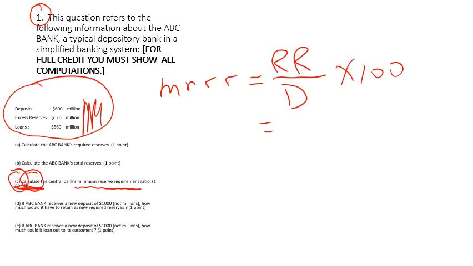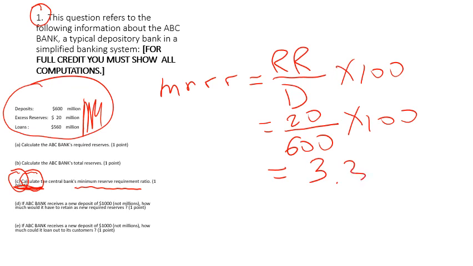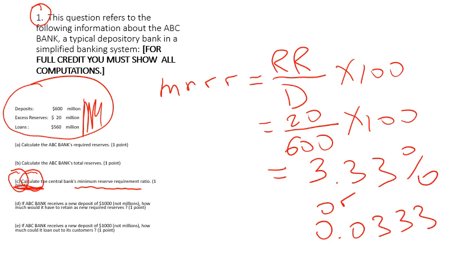We calculated them to be 20. What are deposits? 600. We multiplied this by 100, and we get a minimum reserve requirement ratio of 3.33%. All right? Or 0.0333.